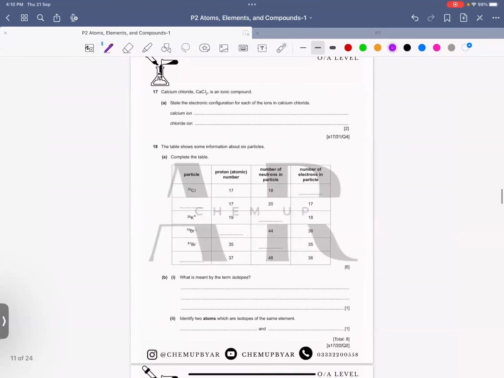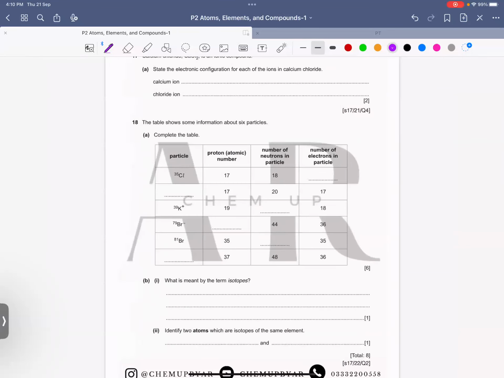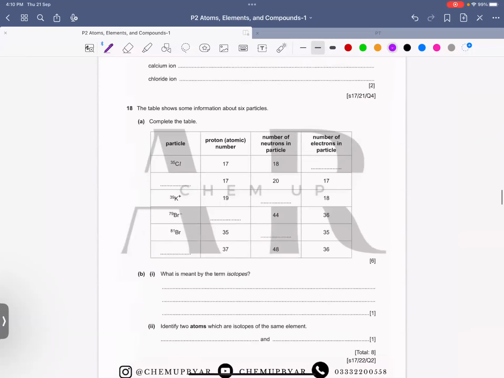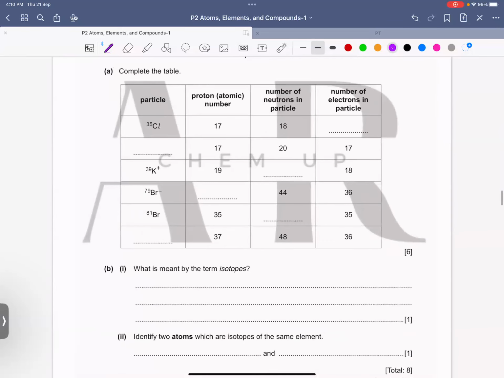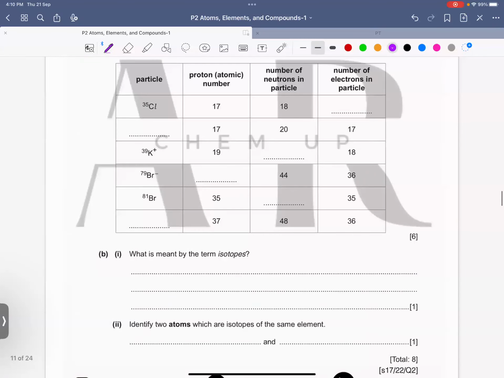Now, Manahil, can you tell me, what is meant by the term isotopes? The atoms having the same protons but different number of neutrons. Okay, now I want you guys to fill this quickly.